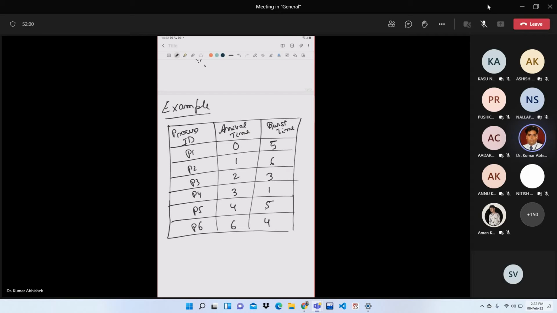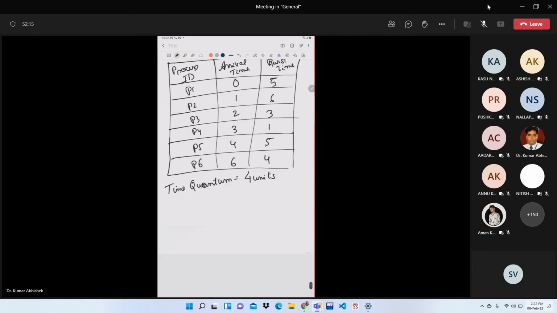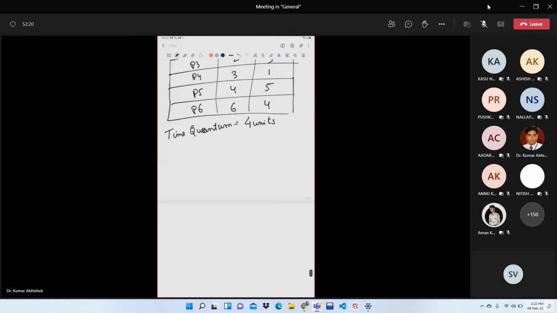And what we are doing, we are defining a time quantum of 4 units. Now let us start solving.